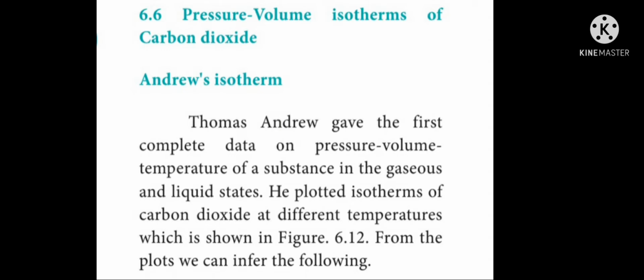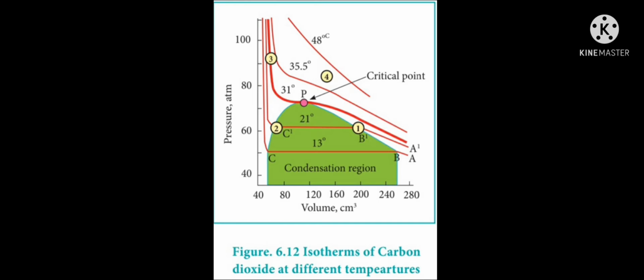Here, the scientist Thomas Andrew first explains the relationship between pressure, volume and the temperature of a substance which is present in gaseous state and liquid state. He used to explain this concept using a graph.